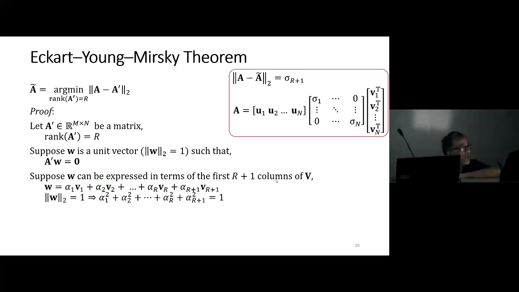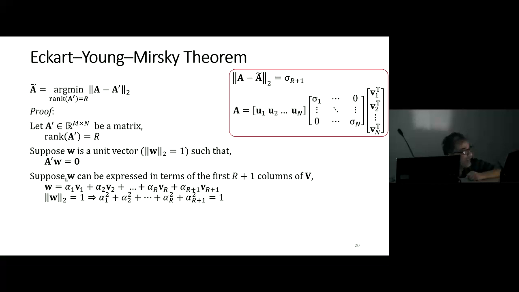Suppose W can be expressed in terms of the first R plus 1 columns of V. So this is my W: W equals alpha 1 V1 plus dot dot dot all the way to alpha R plus 1 VR plus 1. And since this is a unit vector, its L2 norm is 1, so the summation of alpha 1 square until alpha R plus 1 square should be equal to 1.